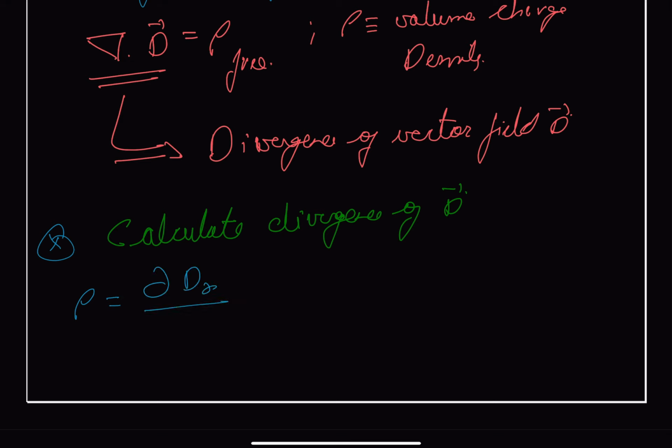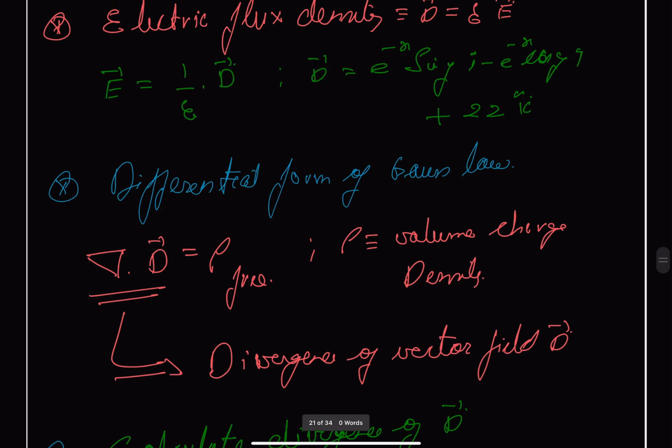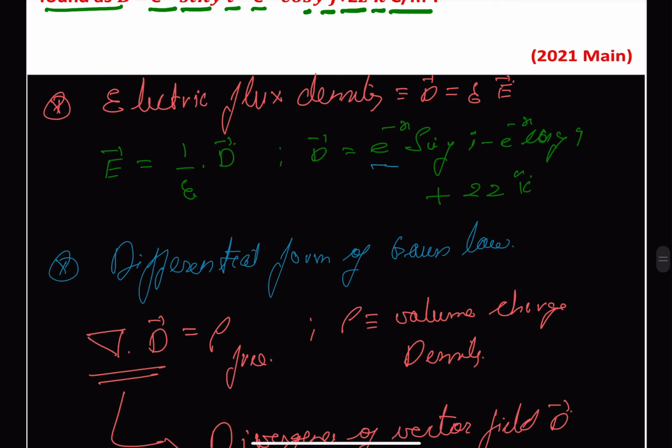So this comes as partial derivative with respect to x, partial derivative with respect to y, and partial derivative with respect to z. And D is given to us. So this first vector is our D of x, second is our D of y, and third is our D of z.